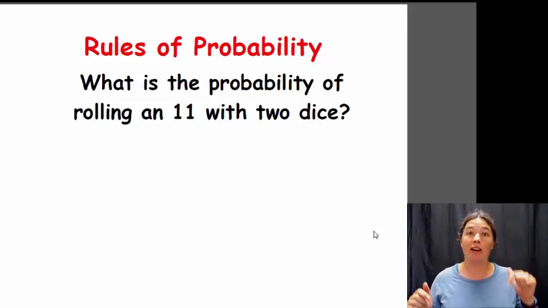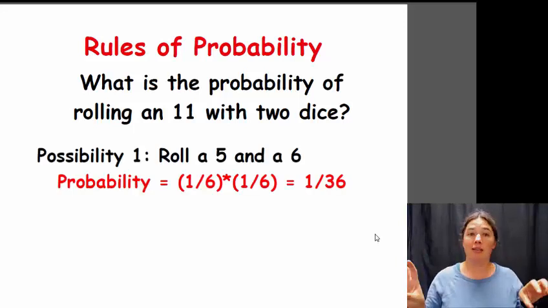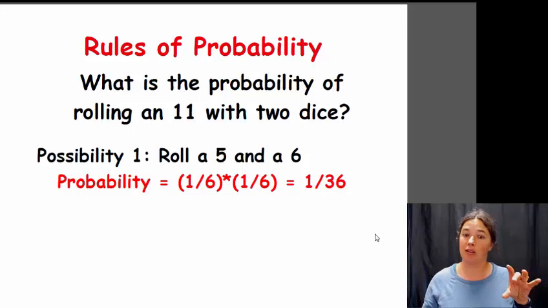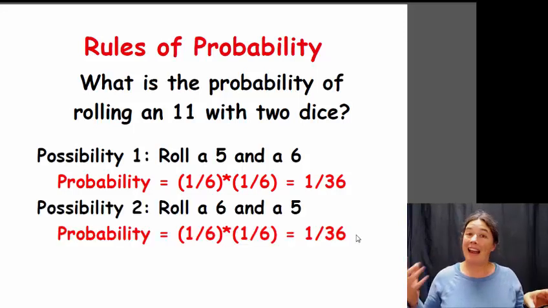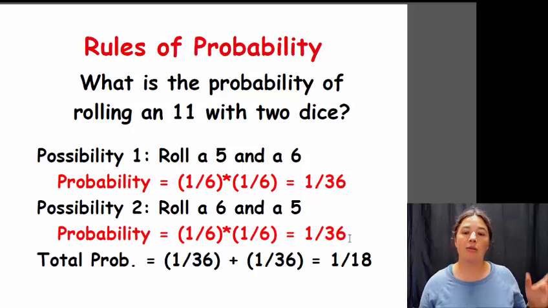Wherever I'm saying or, that's going to be an addition. So you would do 5 and 6: 1/6 times 1/6, that's 1/36. 6 and 5: 1/6 times 1/6, that's 1/36. And then you add those together to get 1/18, right? So 1 out of 18 times that you roll two dice, you're going to get an 11.